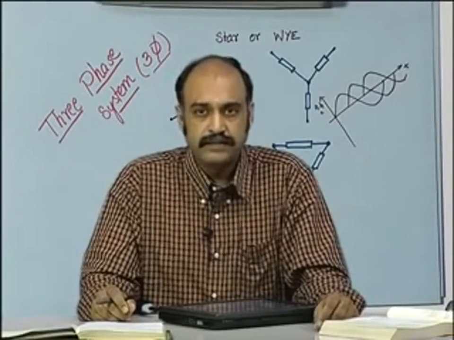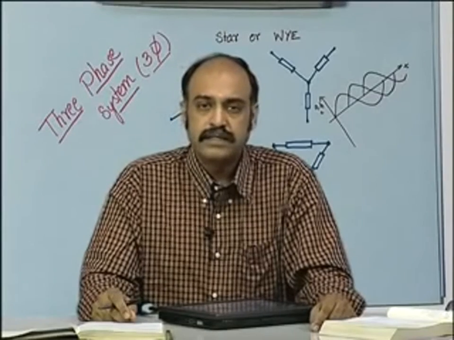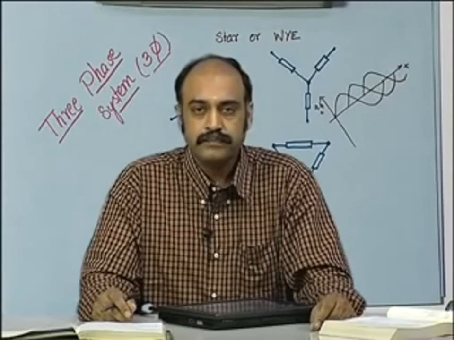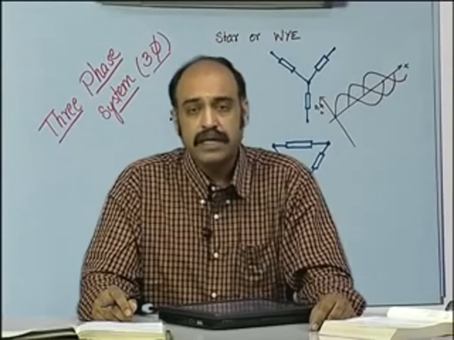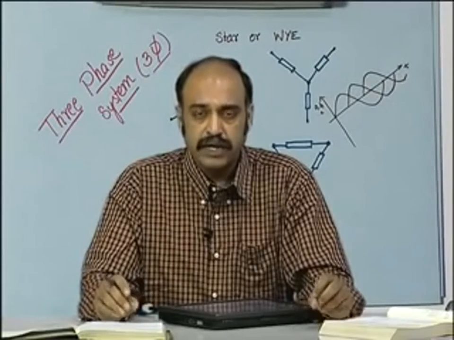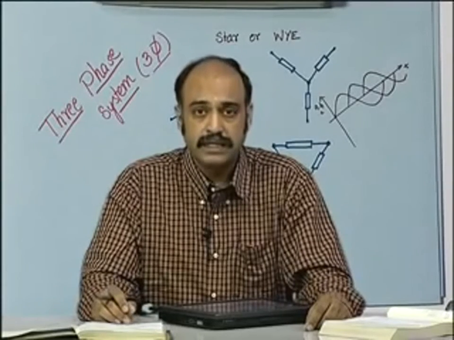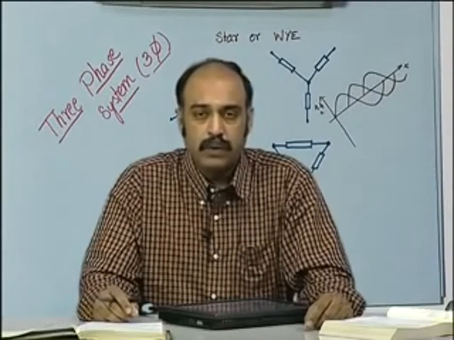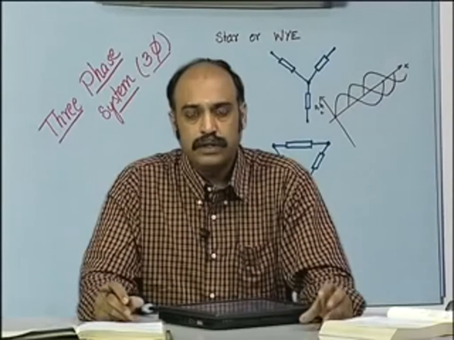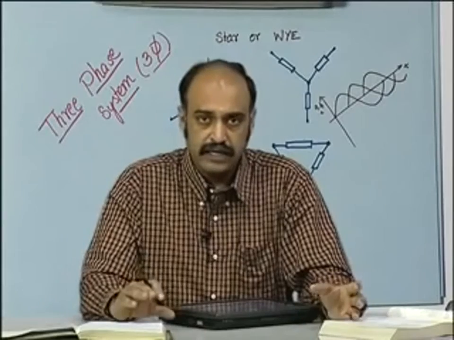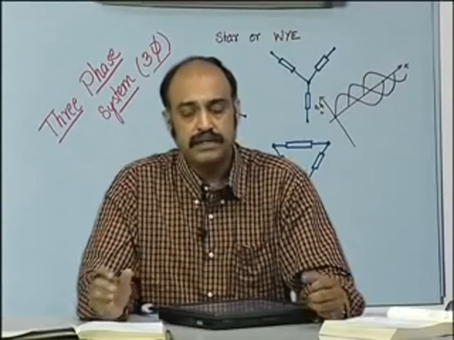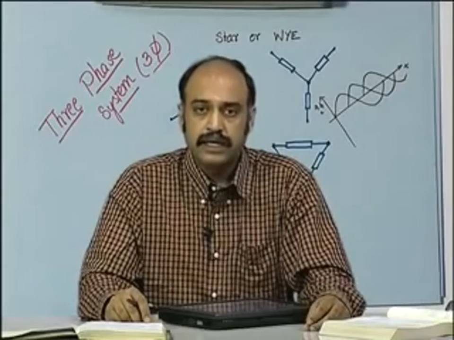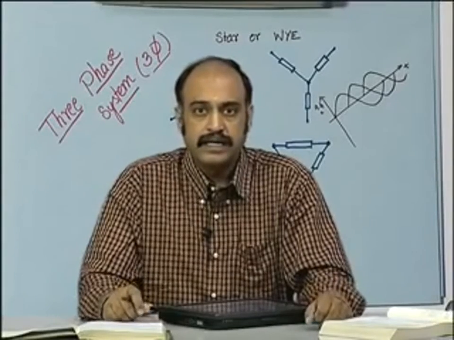In the last class, we were discussing the three-phase systems and three-phase circuits, focusing mainly on the two major categories of three-phase circuits, that is the star circuit and the delta circuit. And we looked at how the voltages and the currents, that is the line side parameters and the phase side parameters, are interrelated in the case of both the star and the delta circuits.